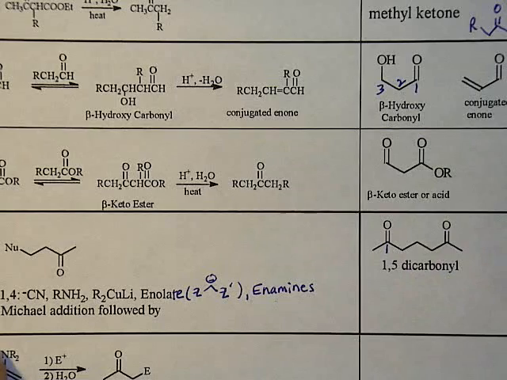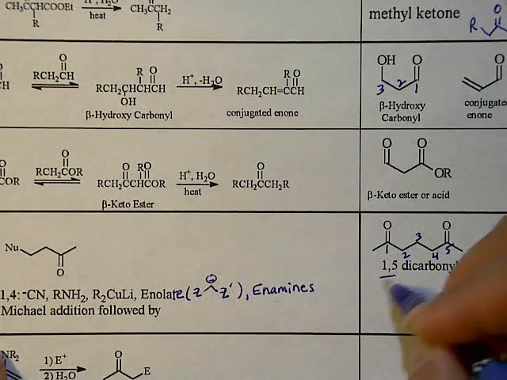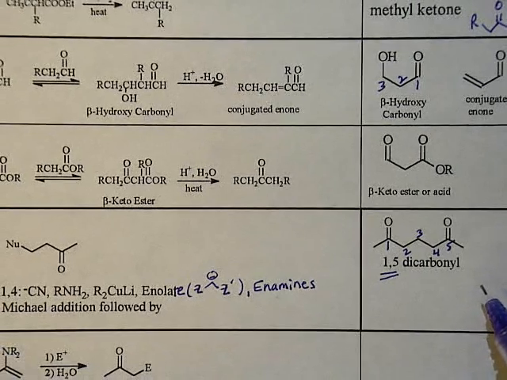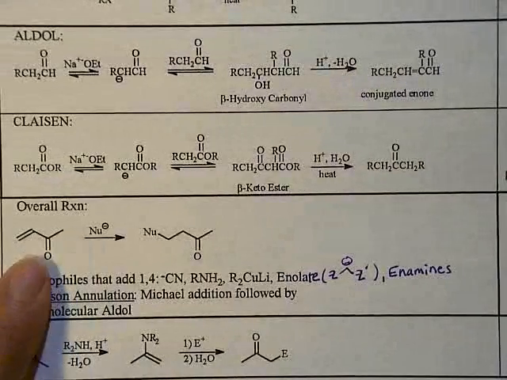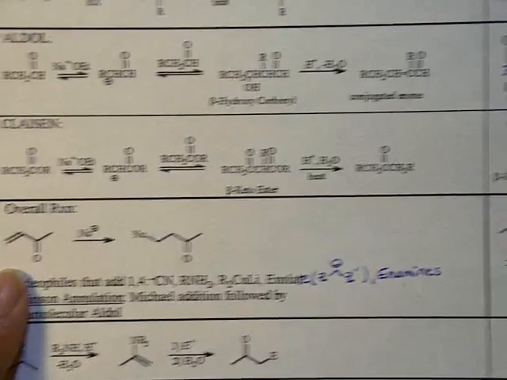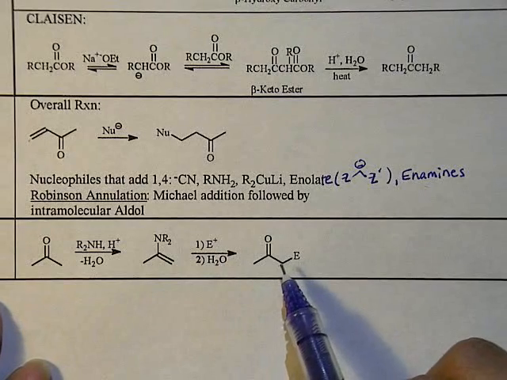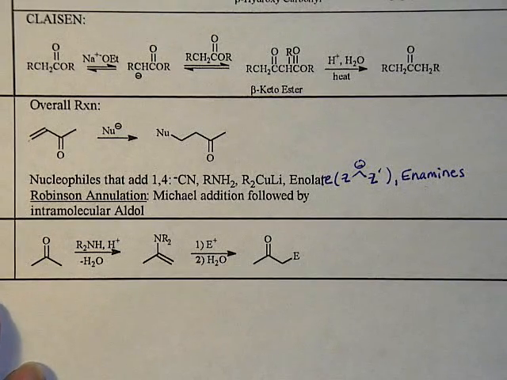Now, if you were able to do Michael addition, what you get is once again bifunctional, and what you see is a 1,5 dicarbonyl relationship. So whenever you see that, you should be thinking that one of the substrates is going to be alpha-beta unsaturated to do a Michael reaction. And then the enamine reaction, you're not going to be able to differentiate it because you could do it many different ways.